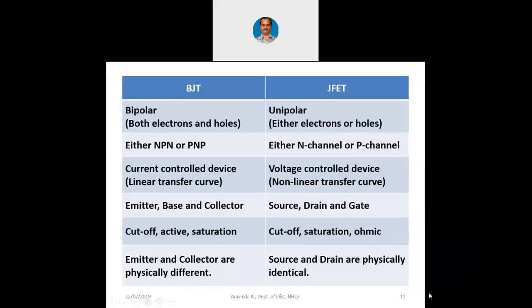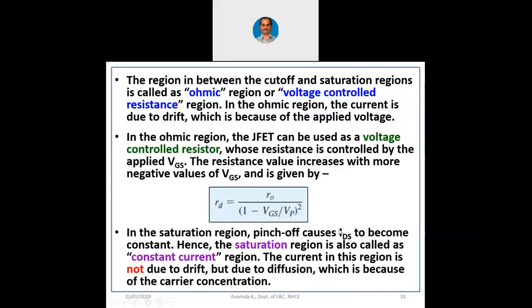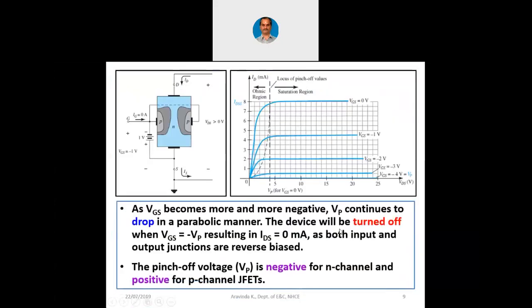Whereas in JFET, source and drain are physically identical. Why? Because the source and drain are only two terminals. You can see here, the source and drain are only two terminals, they are not regions. In between them, there is a continuous N-type semiconductor.